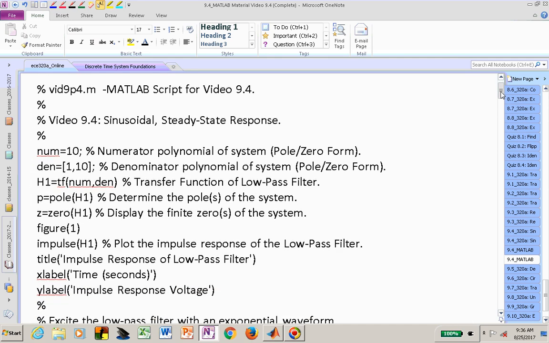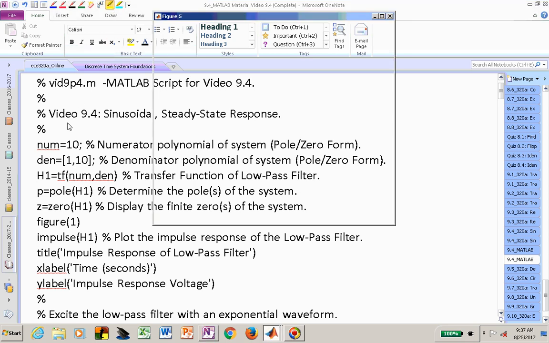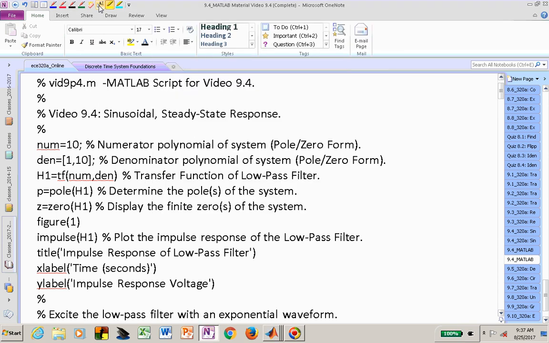Let me go ahead and get back to the MATLAB script. We first issued a couple of commands to define the numerator and denominator. You could have just put in 10 here and a vector, open bracket 1 comma 10, close bracket, and defined H1 that way.